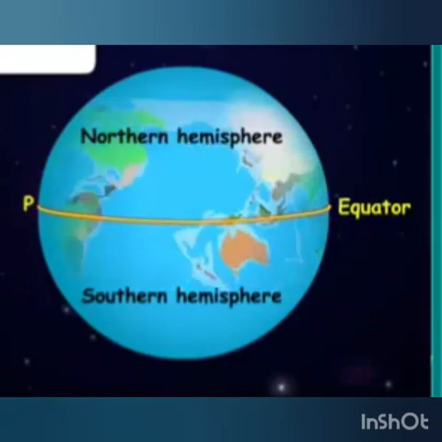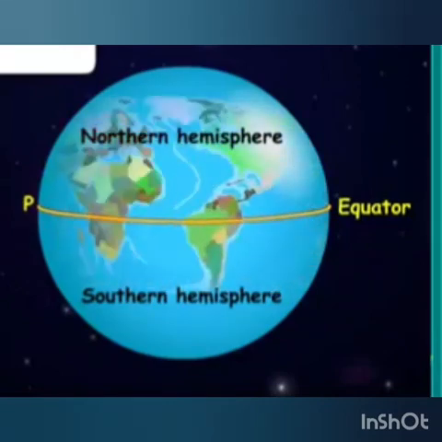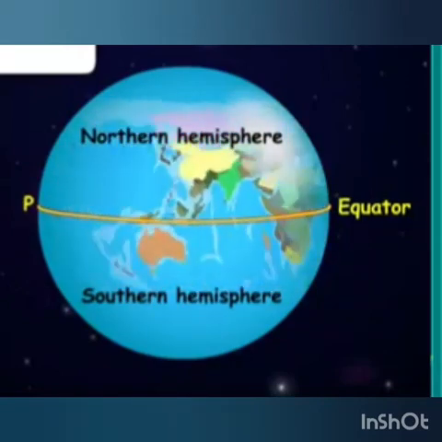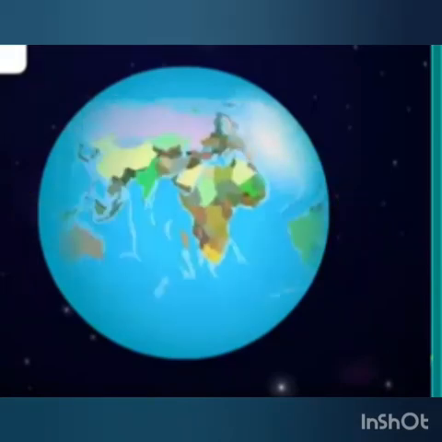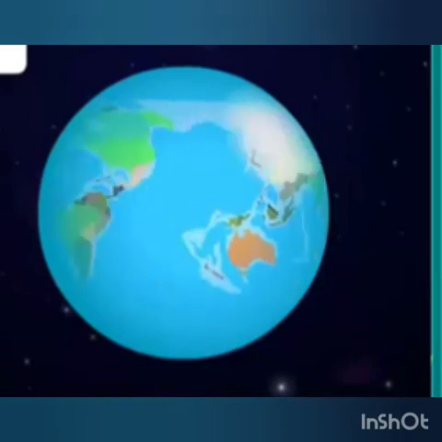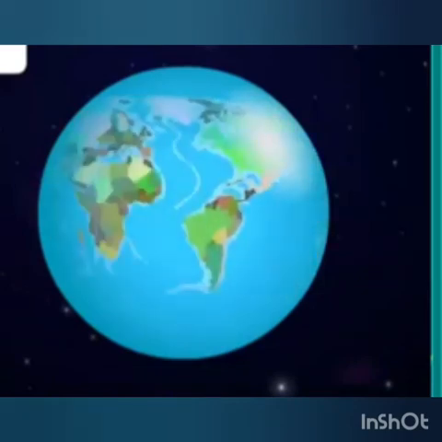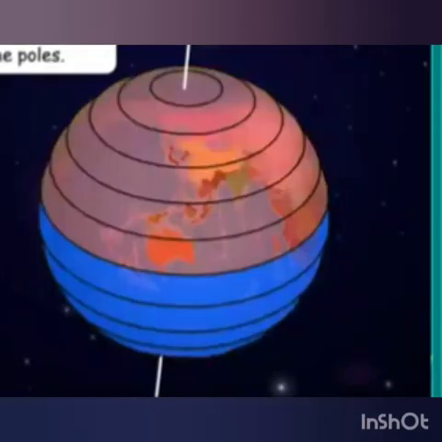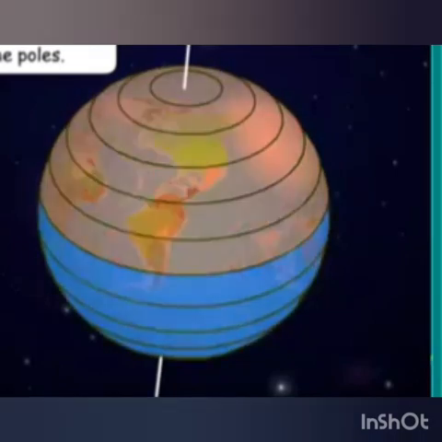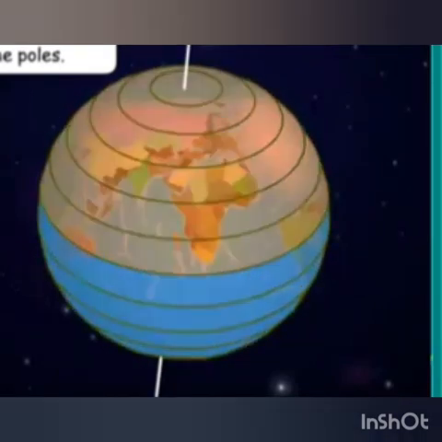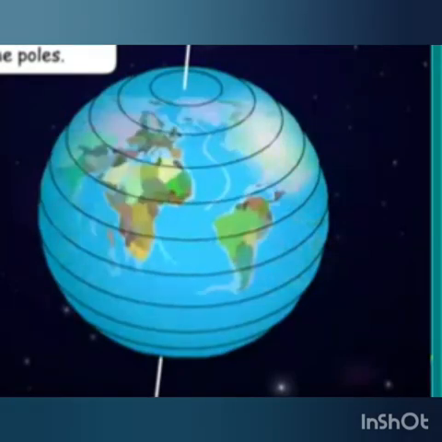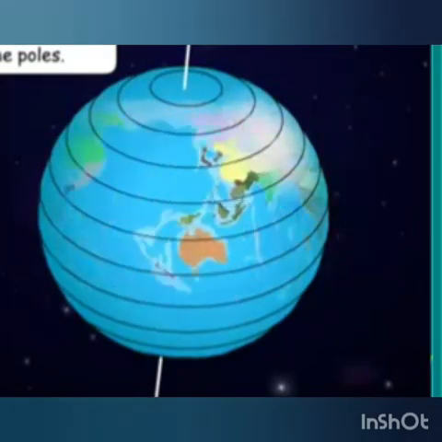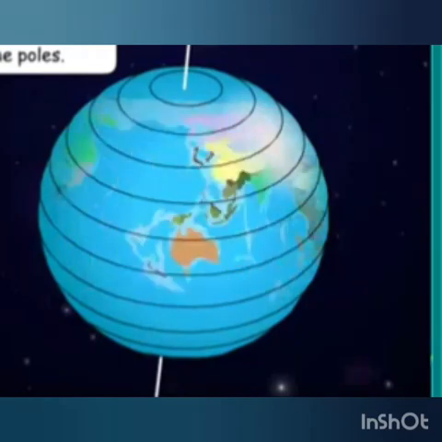We all know, students, that the two hemispheres, the northern hemisphere and southern hemisphere, are divided by the equator, and all the latitudes are parallel to the equator, which is the longest latitude. Now let me tell you one interesting thing: the length of the other parallels decreases as one moves away from the equator towards the poles. As you can see in the video, the lines are getting shorter as they move towards the poles.